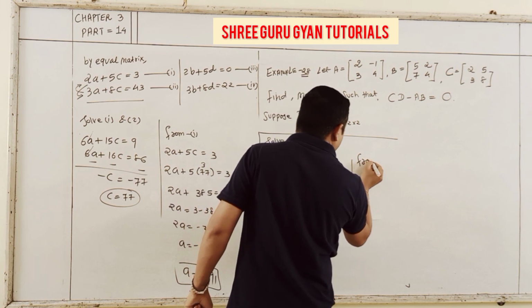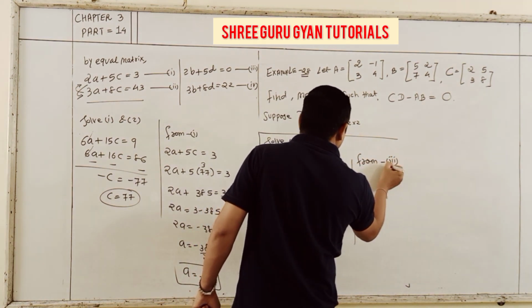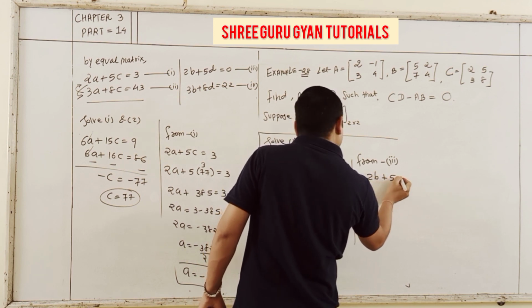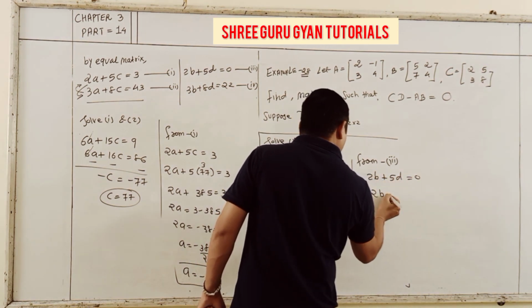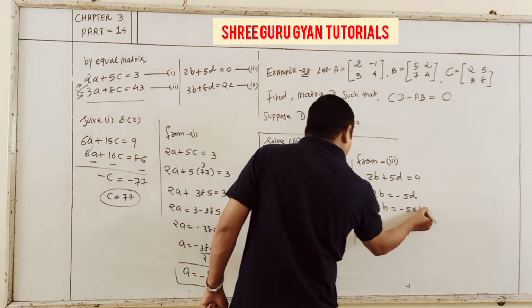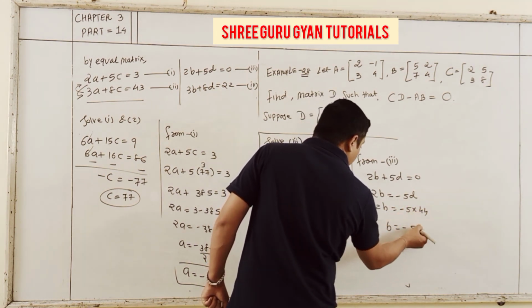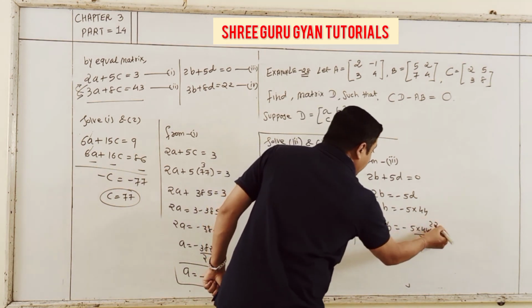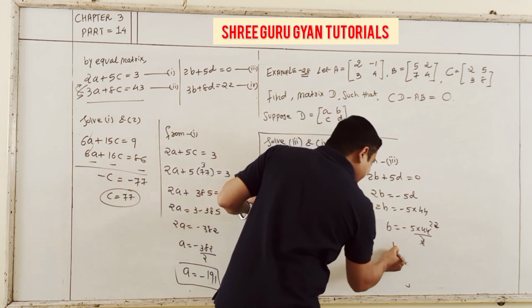From statement 3, 2b plus 5d is 0, so 2b is equal to minus 5d. With d equal to 44, 2b is minus 5 into 44, so b is minus 5 into 44 by 2, which is 22 times 5, that is 110.